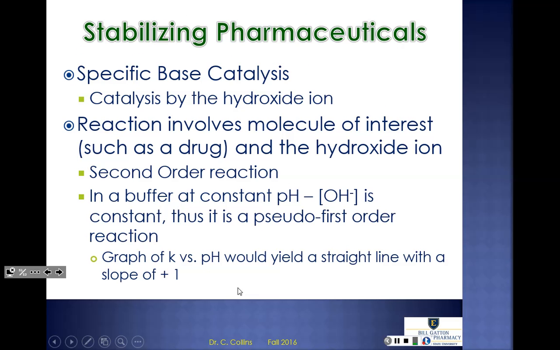Specific base catalysis is kind of just the opposite. So it's catalysis by the hydroxide ion. It's also a second order reaction.